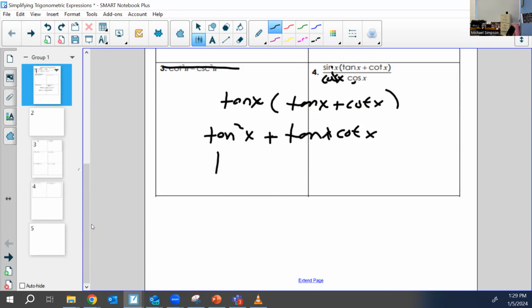So this becomes tangent squared x plus 1. And what is that equal to? Distribute. Well, it's tan x times cotangent x, because I'm distributing.